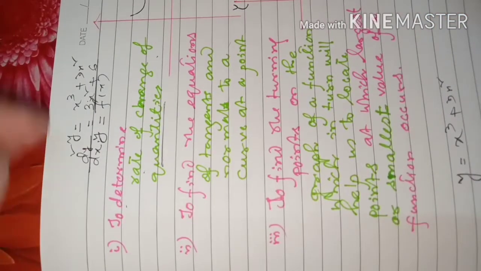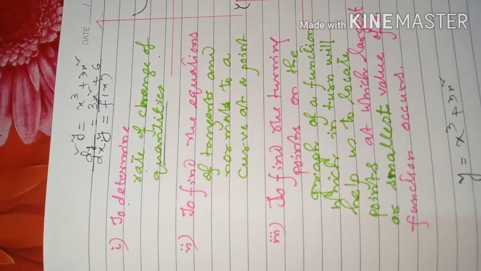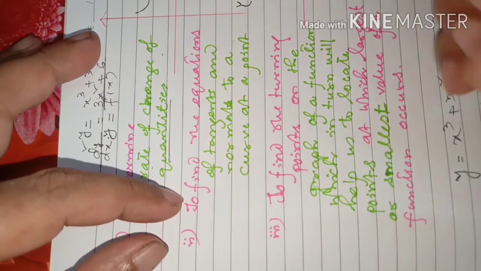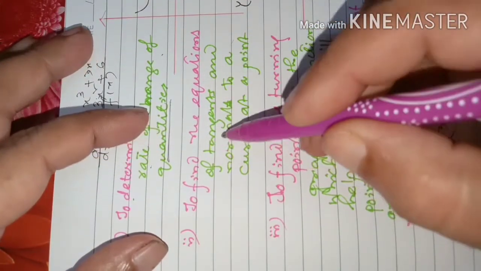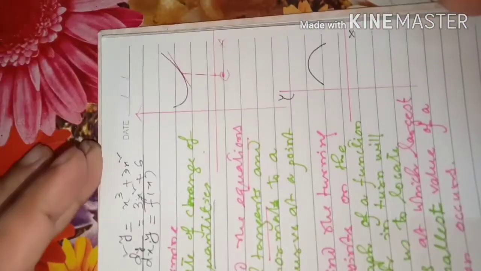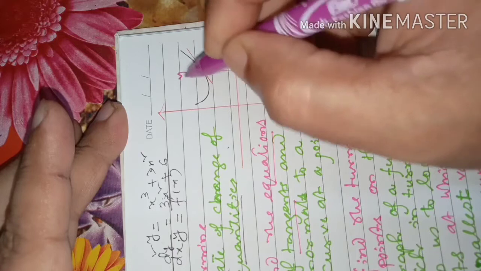Another situation: to determine the rate of change of quantities, we can use derivatives. Another situation is that we can use derivatives to find the equations of tangents. Just see, dear students, I have drawn the graph of a function. Suppose this is the graph of y equal to f of x.